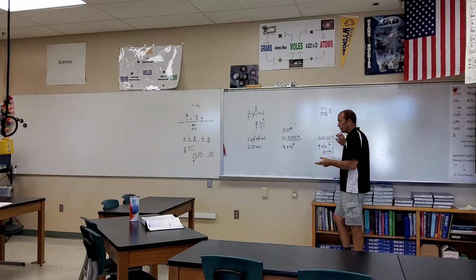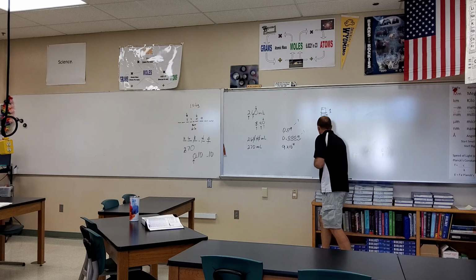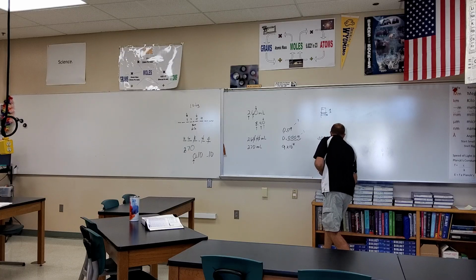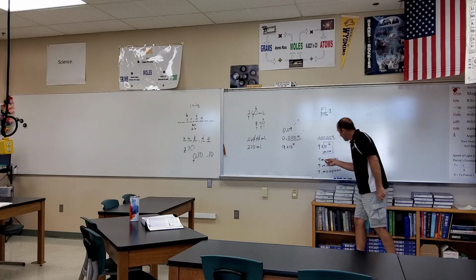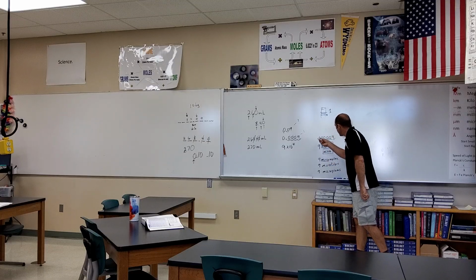So whatever unit we're measuring, whether this was grams, meters, or liters, then we would just say that this is 9 micrometers, or 9 microliters, or 9 micrograms, whatever it is.